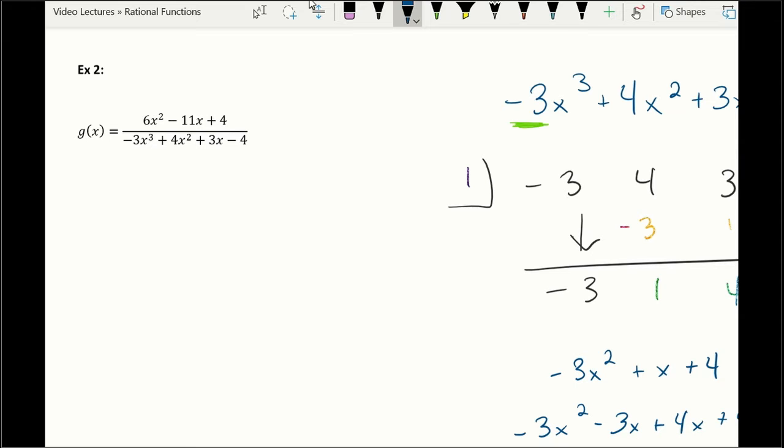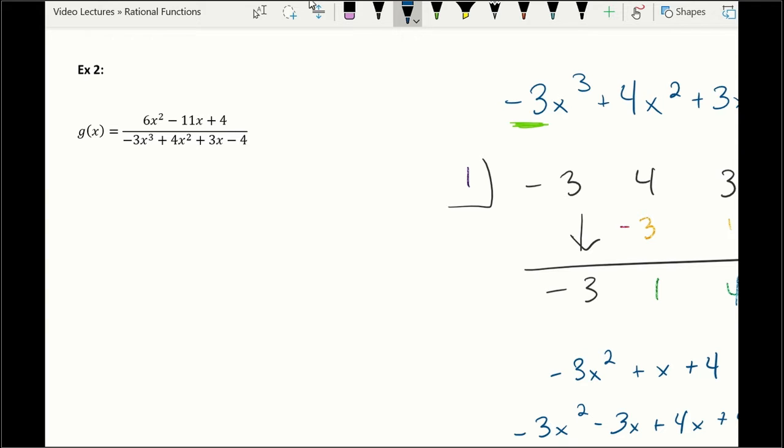So I can pull out -3x. I can pull out 4. All right, and I was able to factor that second piece.